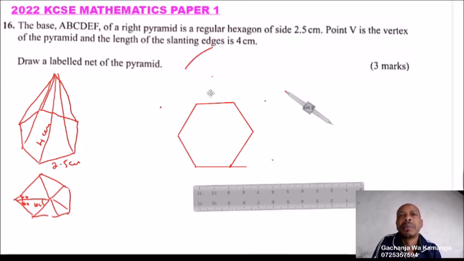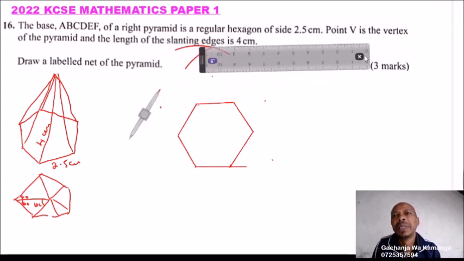And we take our compass to the other side, and we make an arc. So with that, we use a ruler, and we join the 3 points to come up with the face.